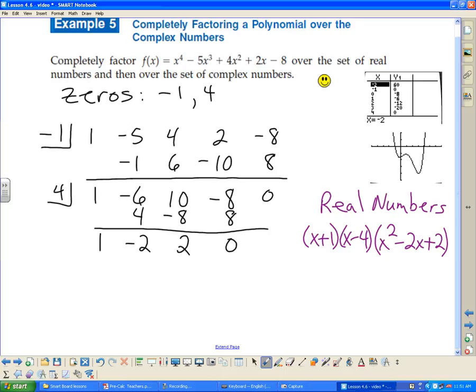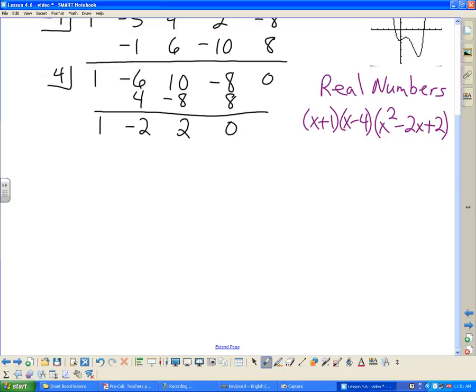Then to find it over the set of complex numbers, we need to take our answer here, x squared minus 2x plus 2, and find the zeros for that so we can factor it. So we're going to use either completing the square or the quadratic formula, and we'll use the quadratic formula in this case.